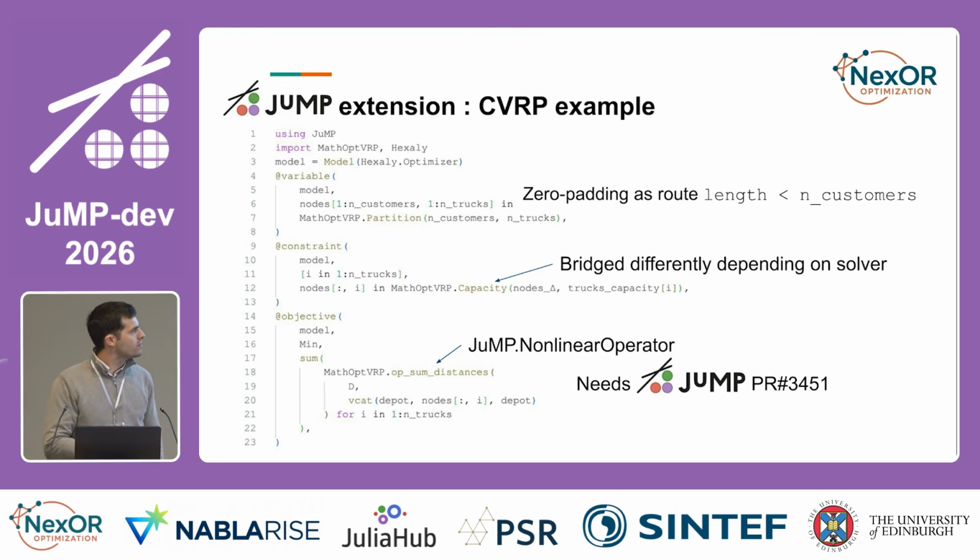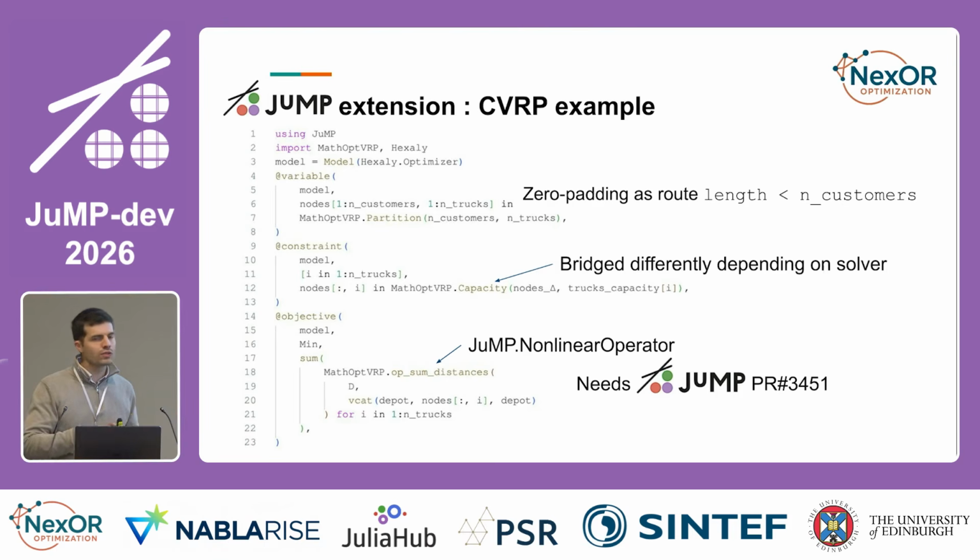And so the last part is probably interesting for this presentation as well at the JuMP conference: how we are able to extend JuMP to VRPs. In JuMP, the thing that makes it not very VRP friendly is that we represent variables as real numbers. And in VRPs, the variable is essentially a sequence.